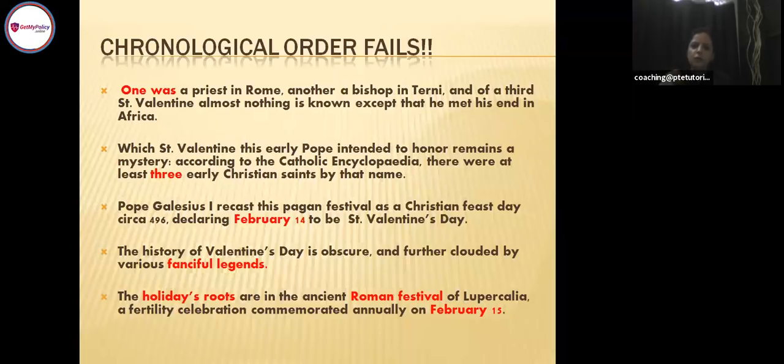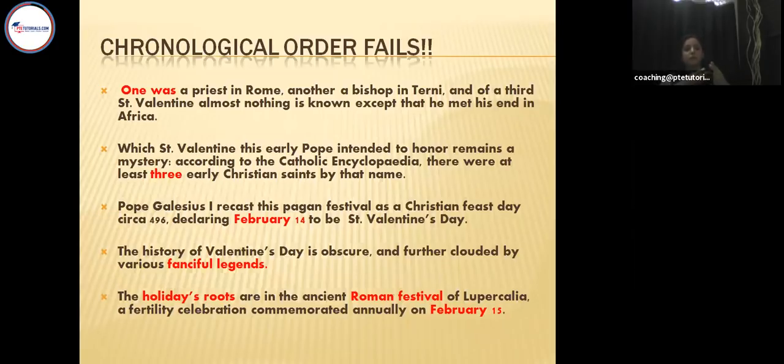If I look at the chronological order, I would say February 14 comes first, then February 15. But see, when I read the line, Pope Galatius I recast this pagan festival. Which pagan festival? Okay, Valentine's. Recast, what is the meaning of recast? Then I got to know, oh ho, they were telling me in the first opening sentence that history is obscure.